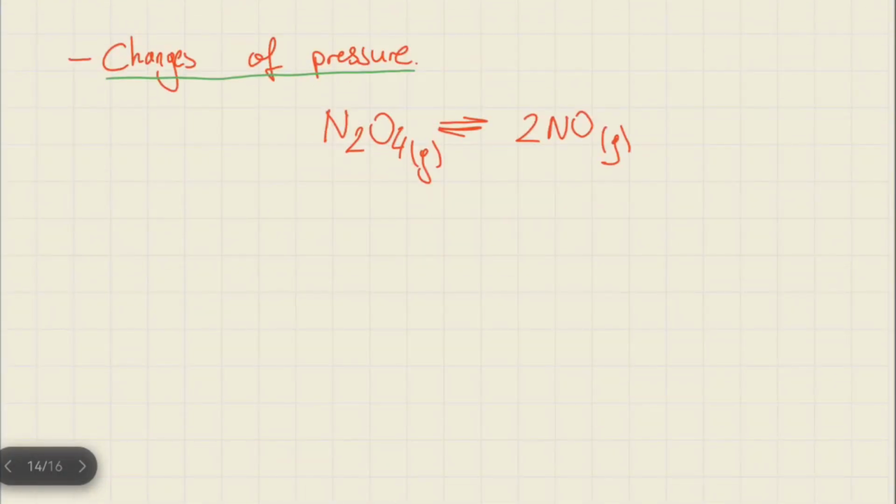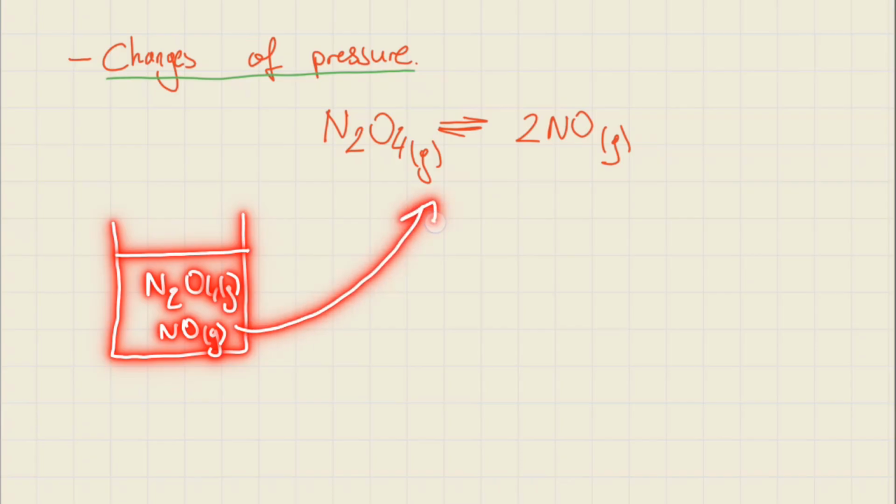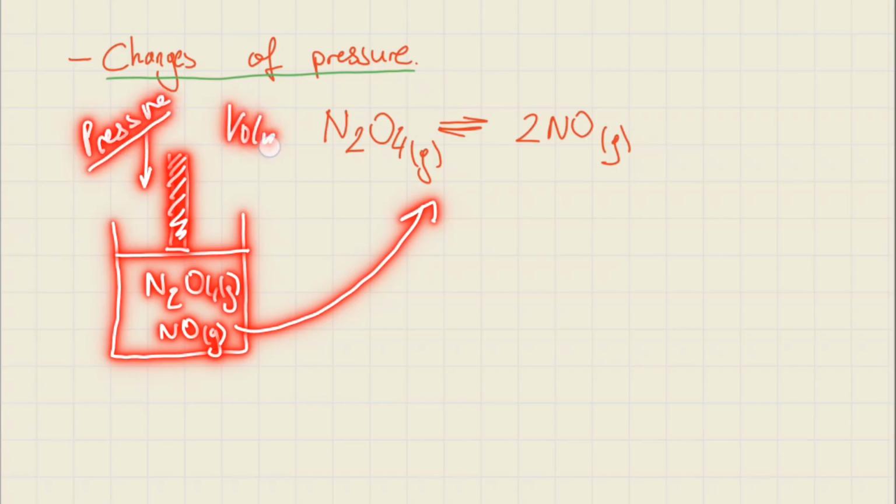But something is not valid for this case. For instance, firstly, again, think of a container. We have N2O4 gas and NO2 gas. So I am considering this reaction. And we have a piston, right? And we want to increase the pressure by changing the volume.